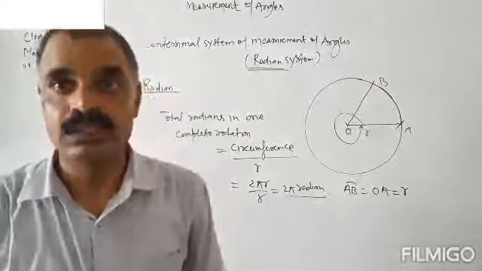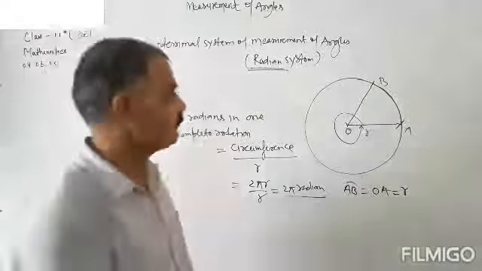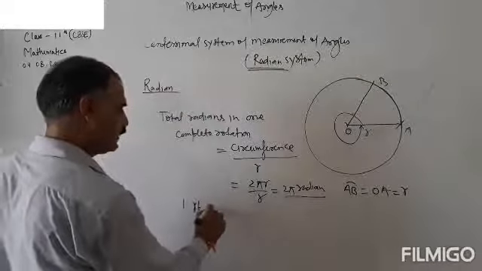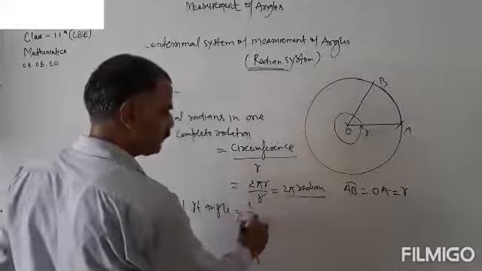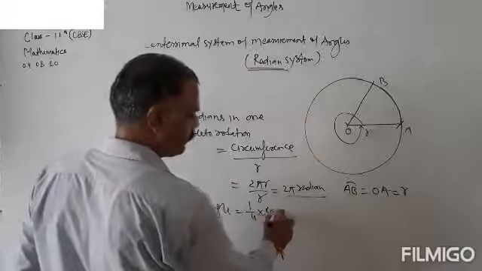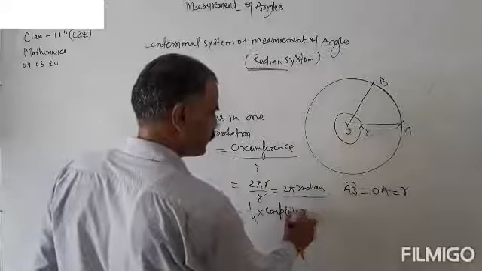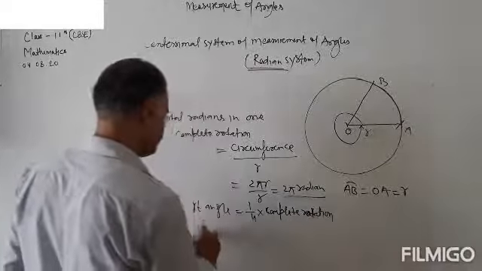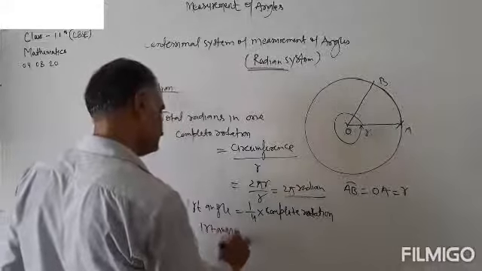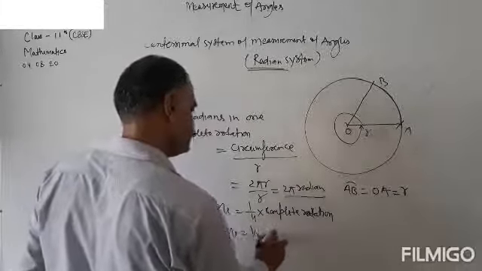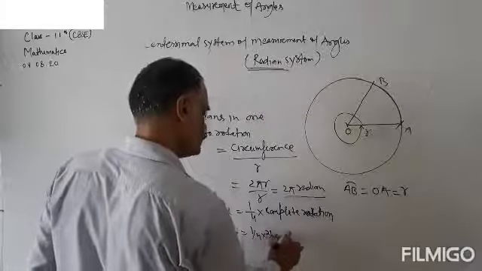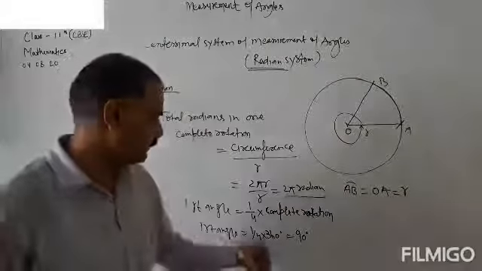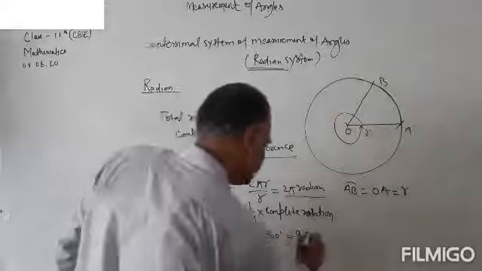Now what is a right angle? One right angle is equal to 1/4 of the complete rotation. That is, one right angle is equal to 1/4 into 360 degrees, that is 90 degrees.